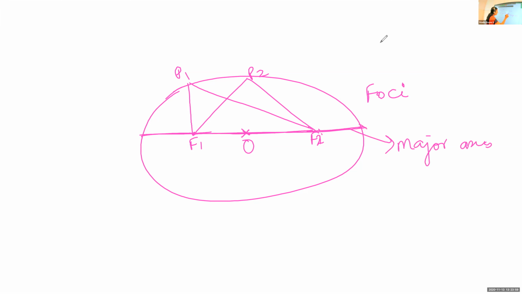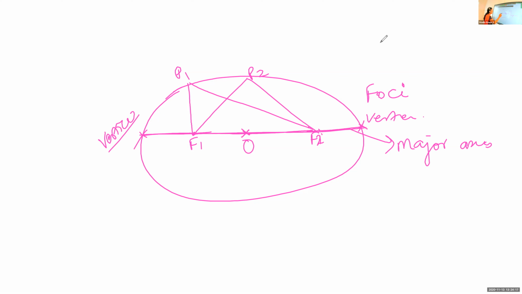The points where the major axis meets the ellipse are called the vertices. So this is vertex 1, and here we have another vertex.